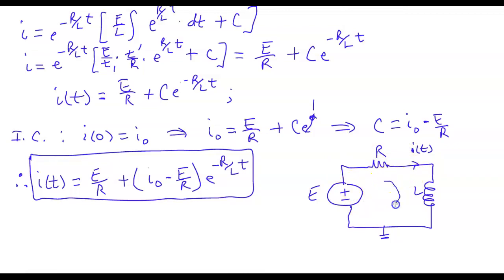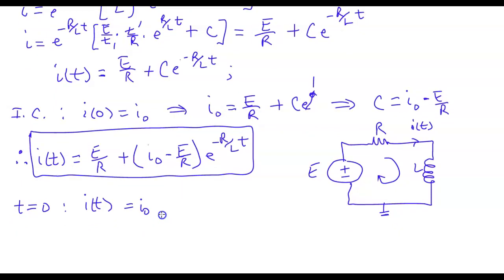And so, of course, the current would go around like this. And so notice here that when t is equal to 0, like how we said before, our I of t is equal to I sub 0, which is just some initial current value, okay?